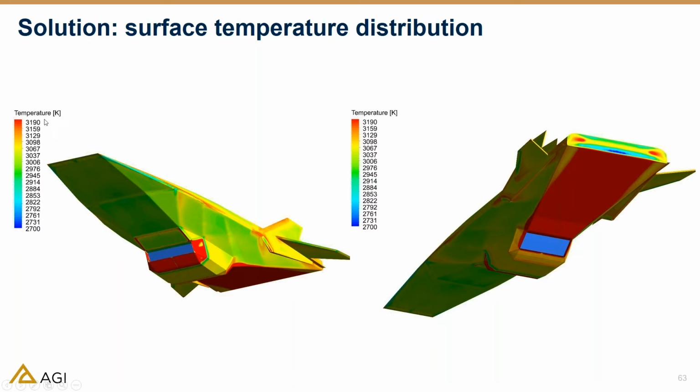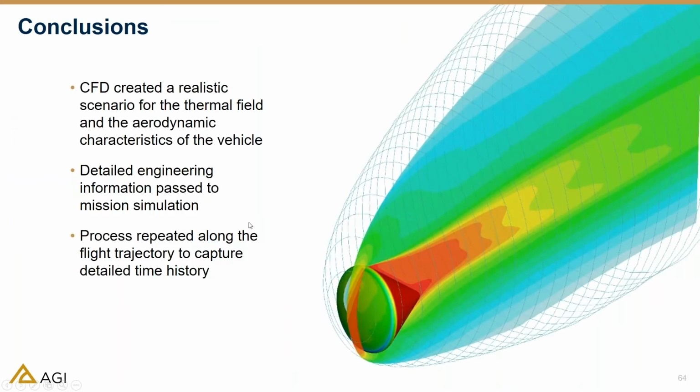And if you look over here, the temperature in Kelvin is extremely hot, both because of the plume coming out from the outlet of the engine, but also from the friction and the compressibility effects of this vehicle flying at Mach 9. And I'll stop over here, and I'll just say that we use the CFD to successfully create an infrared signature of the vehicle, and we are passing the data to AGI.